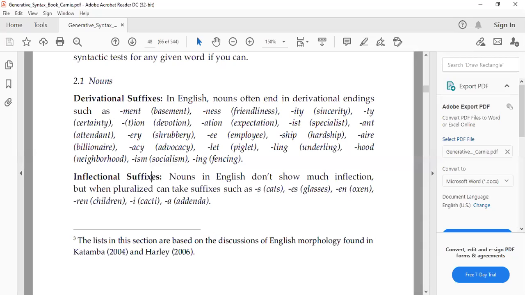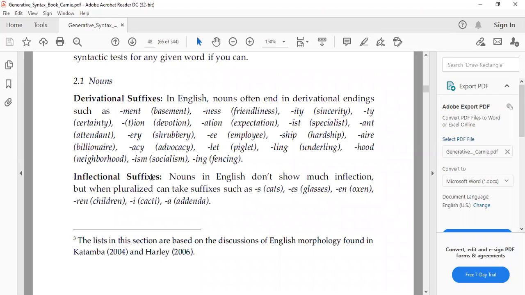We don't see much of inflectional suffixes in nouns. They are most of the time in verbs. So in English, nouns don't show much inflection. They don't show grammar as in verbs.